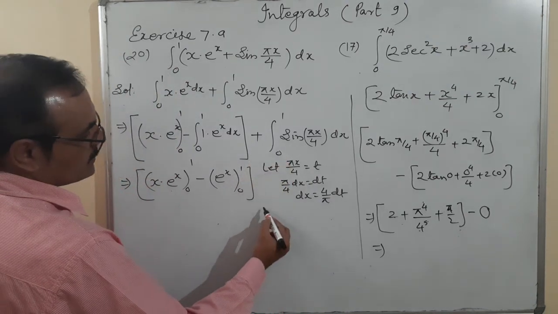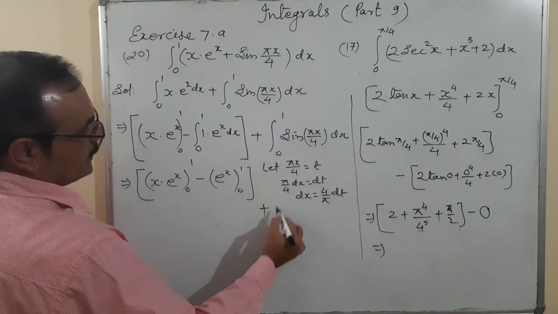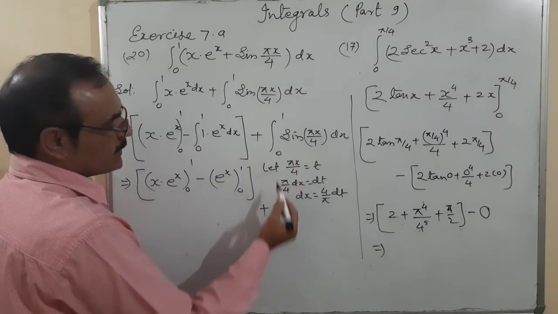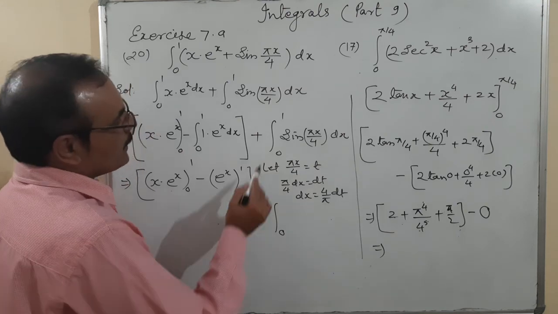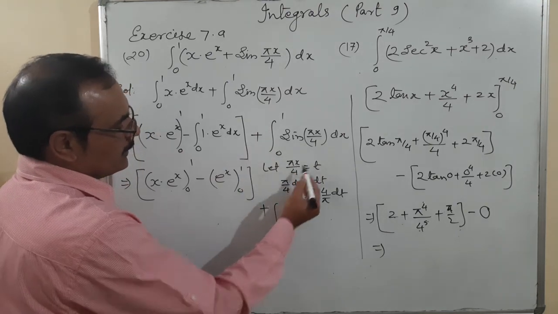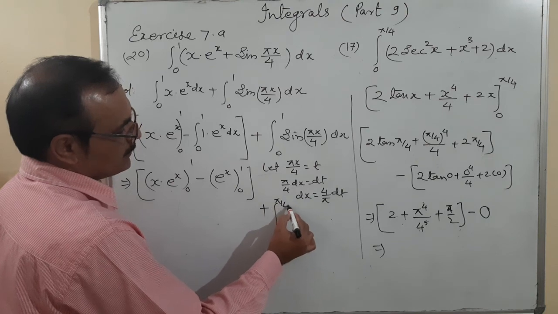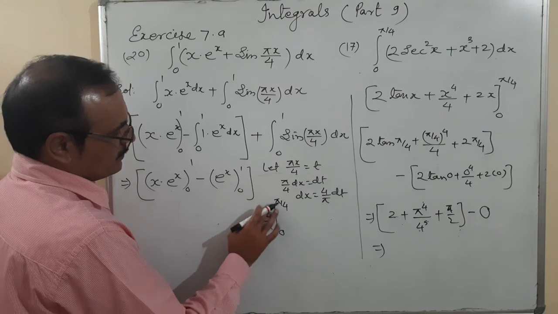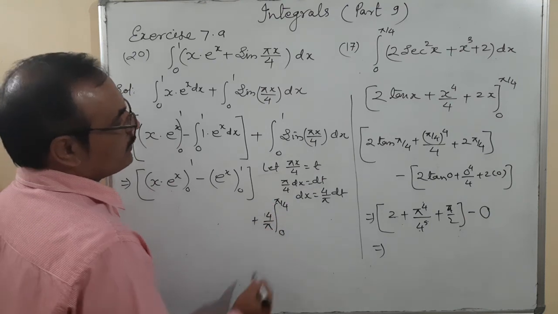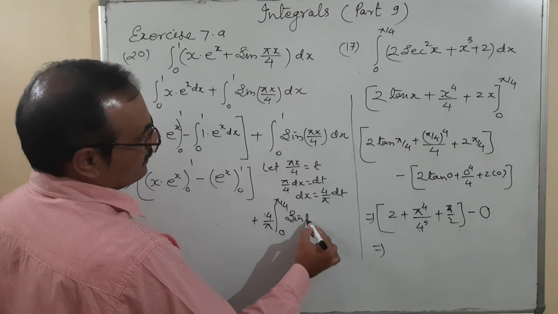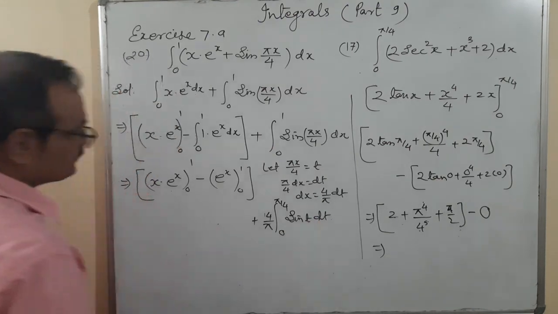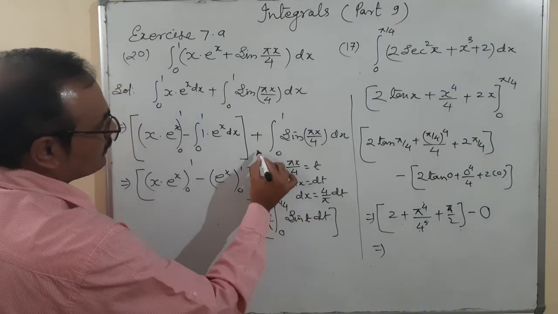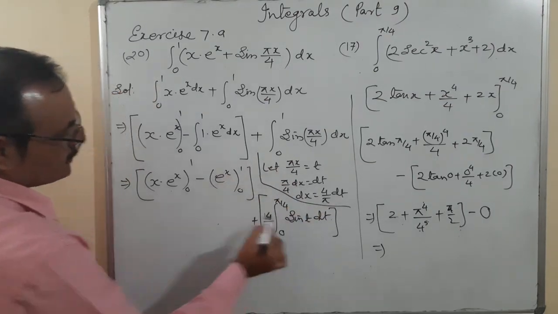This term plus, when I put 0 for the lower limit this entire term is 0, and for the upper limit 1 it becomes pi by 4. dx is 4 upon pi outside, and it is sin t dt. This is one part, plus this is a different part, which continues.